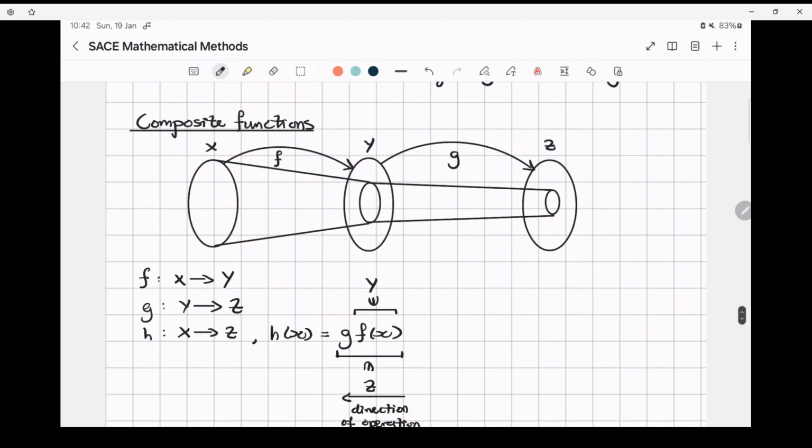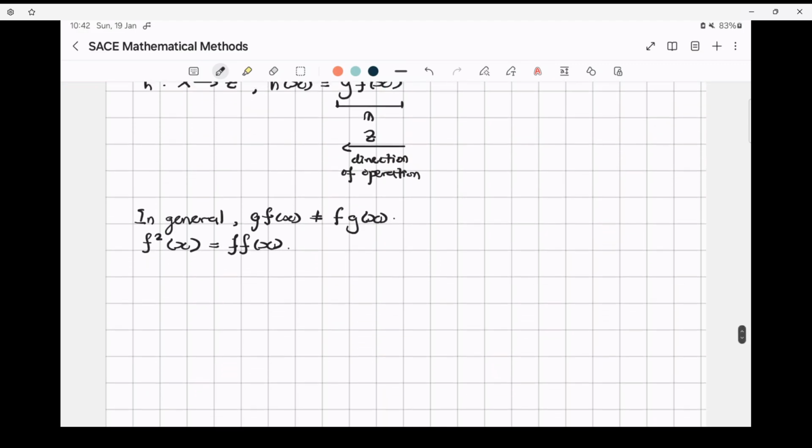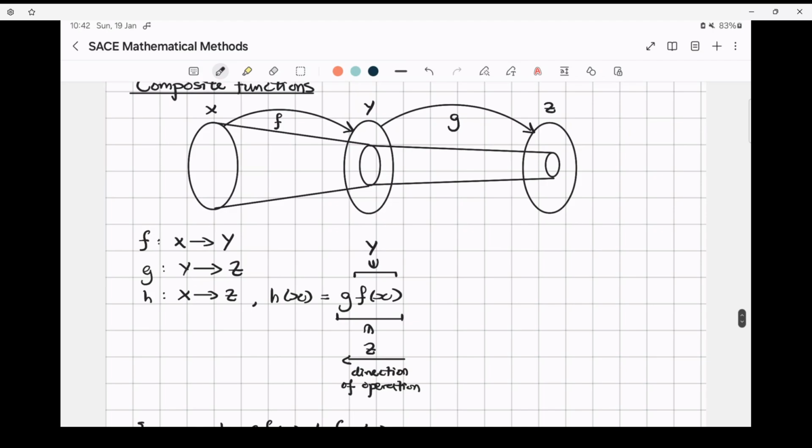And then the third thing, when you look at this particular diagram, I also labelled it out. From this particular diagram, you can see that the range of f is the domain of g.